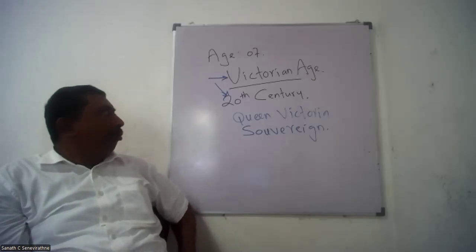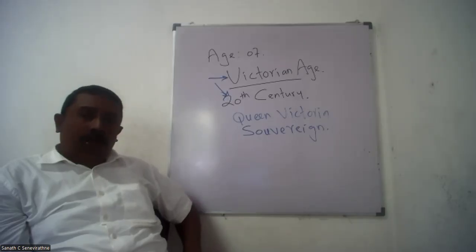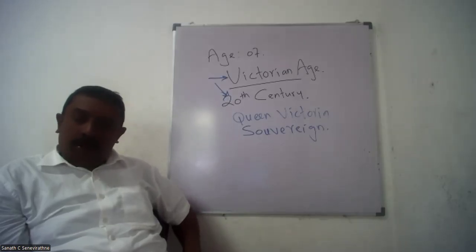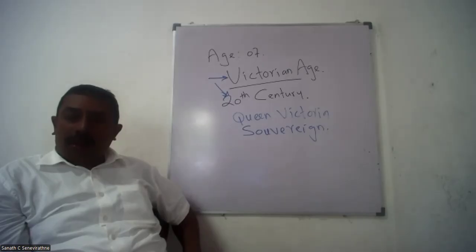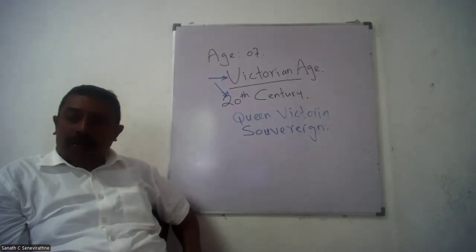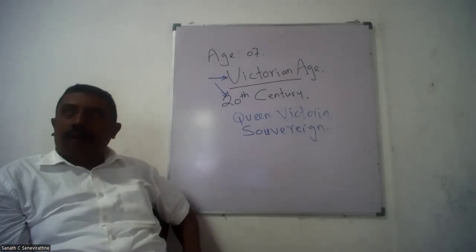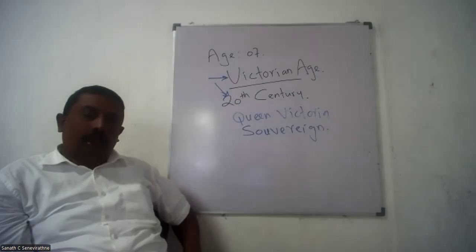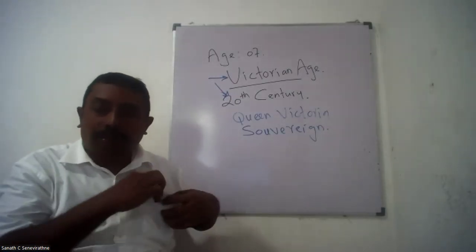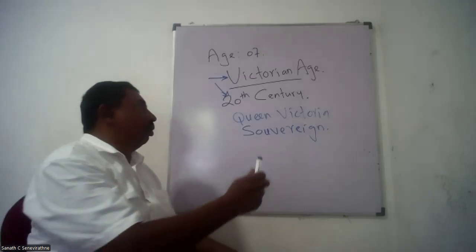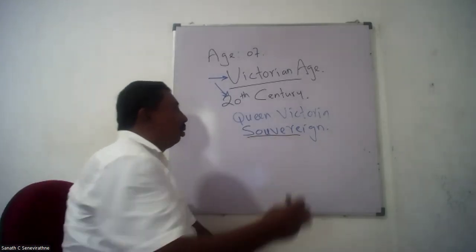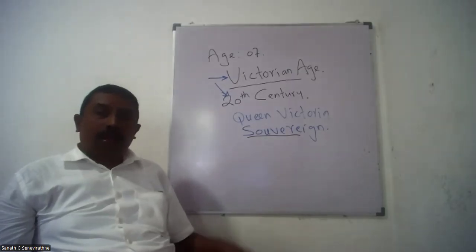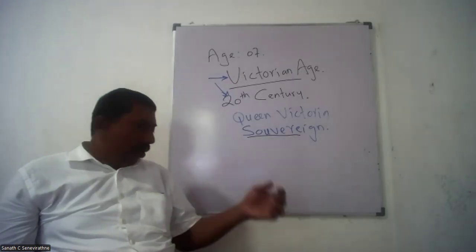This is called Victorian age because Queen Victoria was the sovereign.